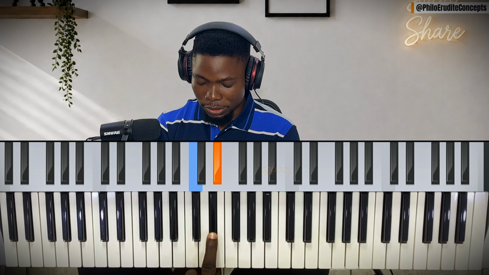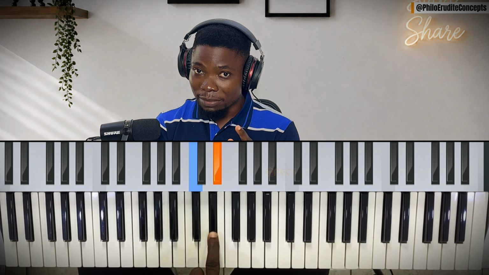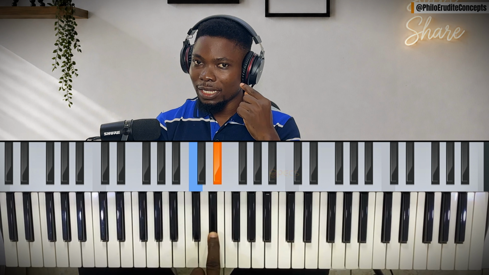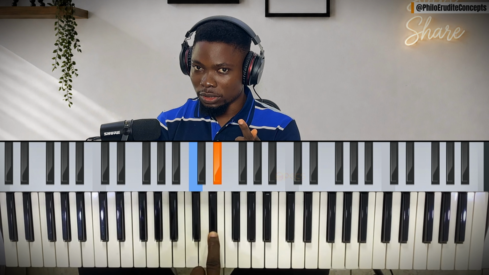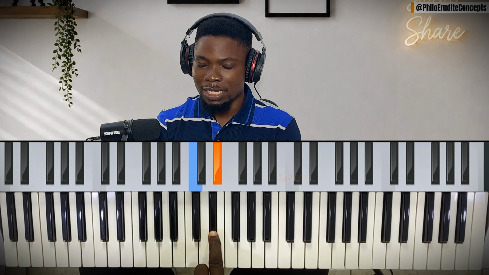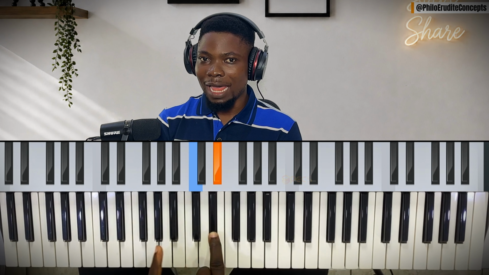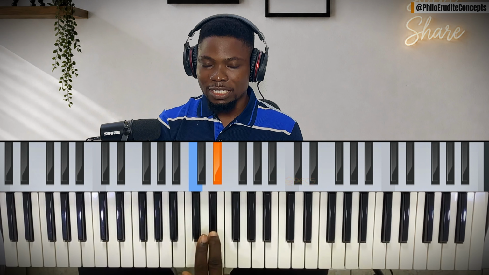For example, if I'm asked to play E flat Dorian mode, what I would think immediately is that I already know that Dorian means 2nd degree of the mode. So the question you ask yourself is, which key is E flat the 2nd of? The answer is D flat.